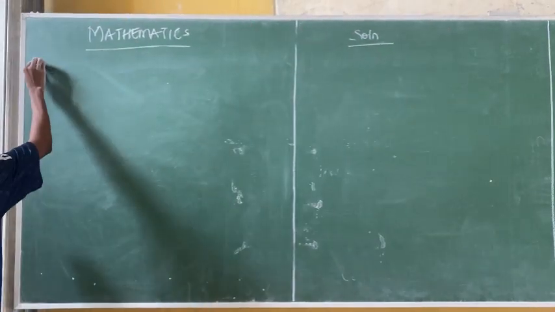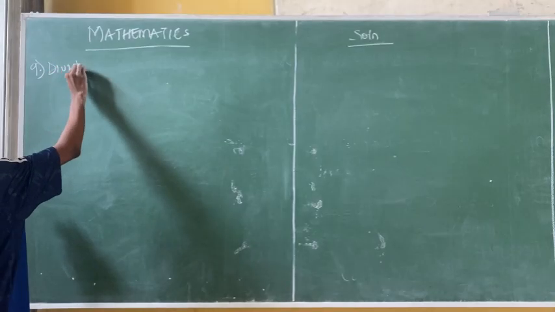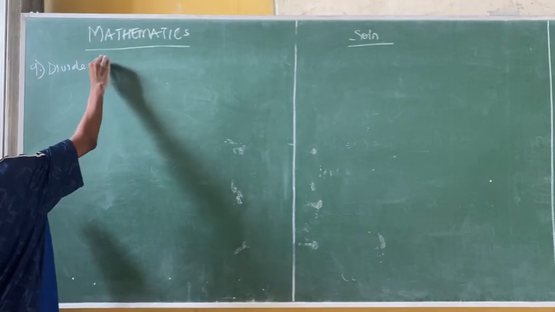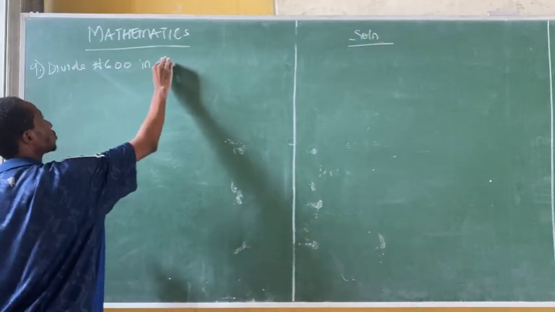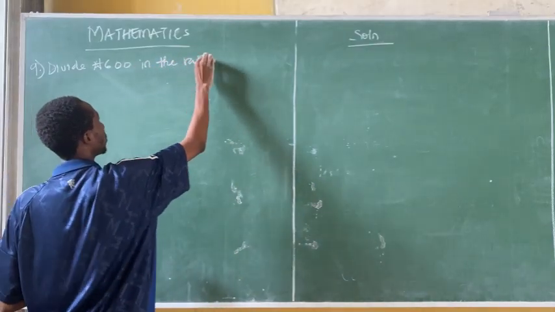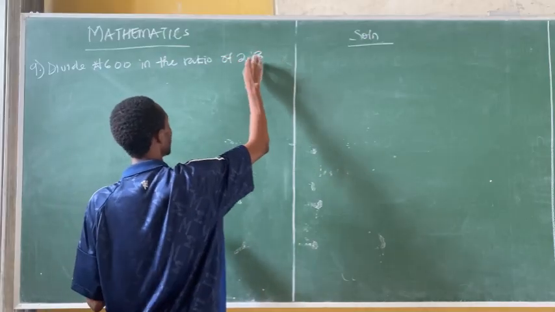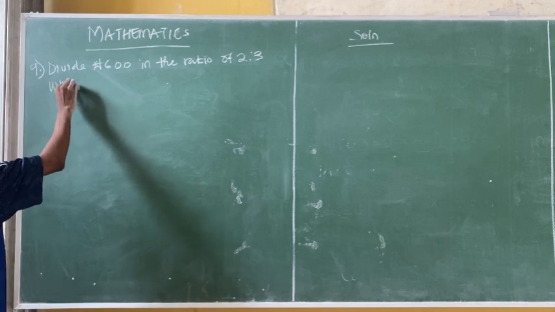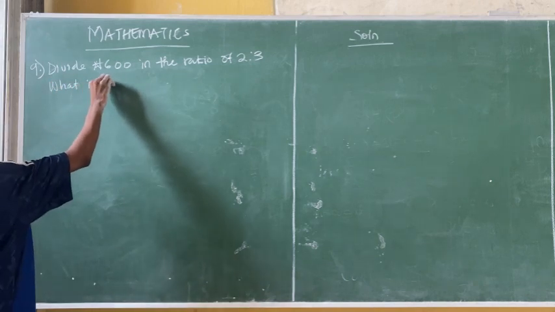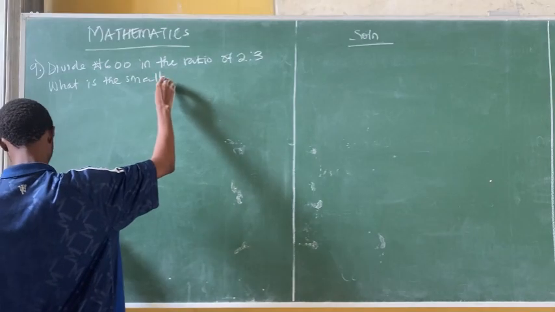Question 9 says, divide 600 in the ratio of 2:3, what is the smaller share?